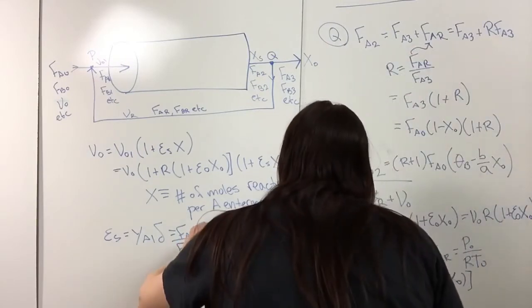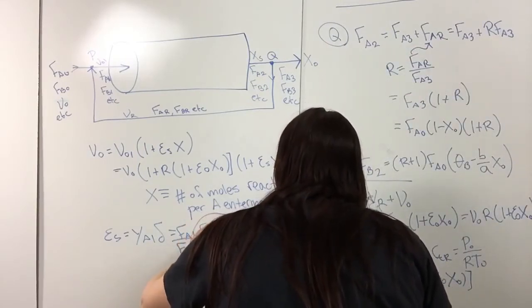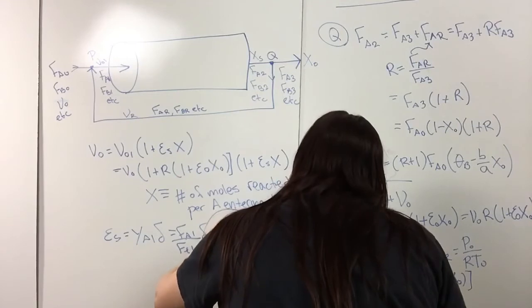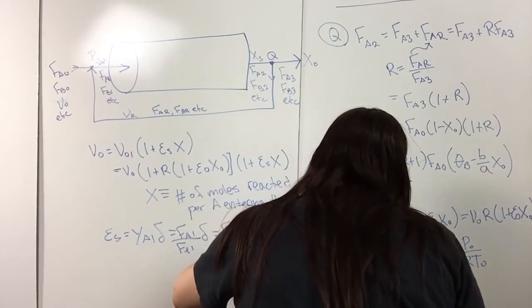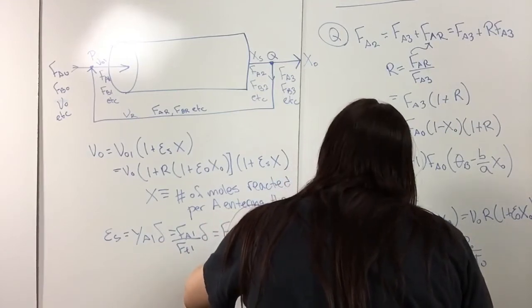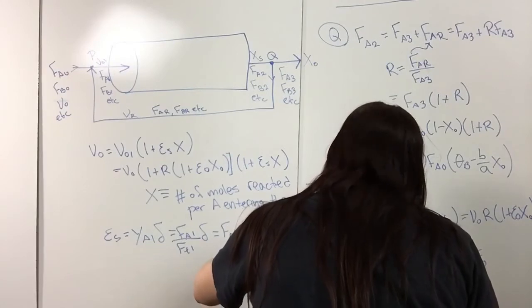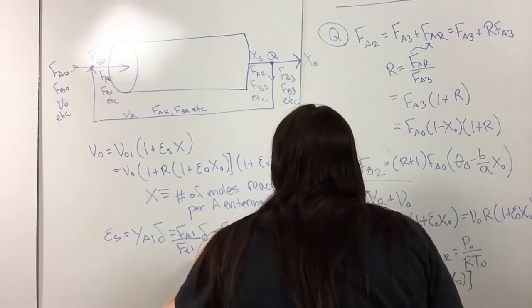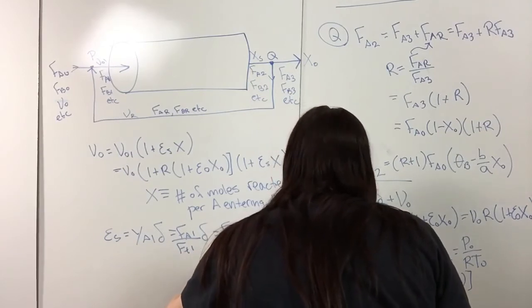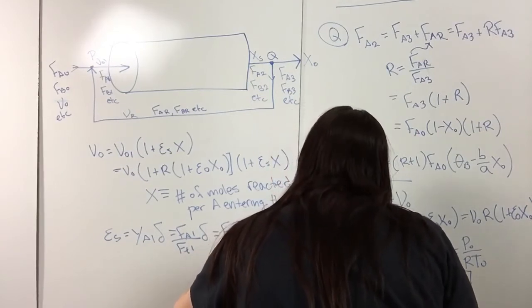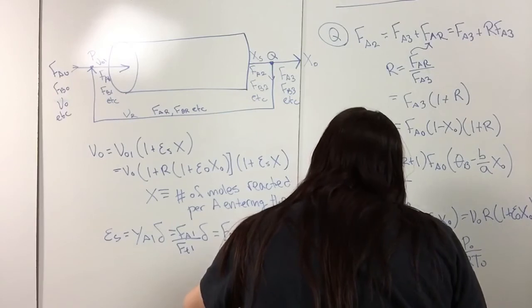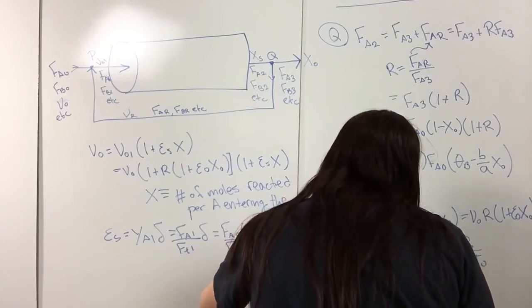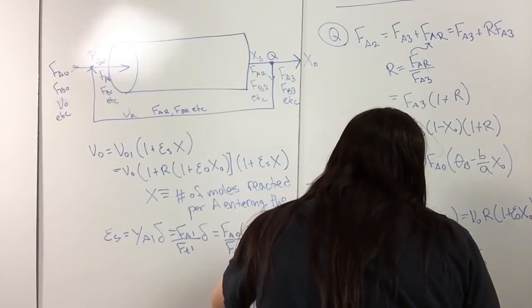So doing that, FA1 was FA naught 1 plus R 1 plus X naught delta over FT naught 1 plus R 1 plus epsilon naught X naught.